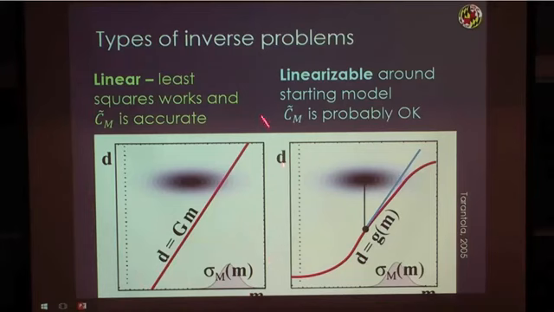This is a great problem. Least squares works if your data uncertainty is Gaussian and this C_M tilde is accurate. In other words, it provides an accurate description of what the true uncertainty on your model estimates is. With this kind of problem, you can see that the relationship between data and model is not linear. It's not a line, but it's not that bad. So what we would say is that this is linearizable around the starting model.